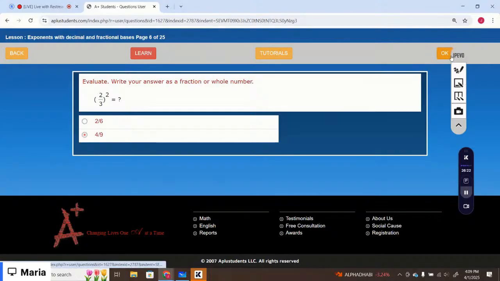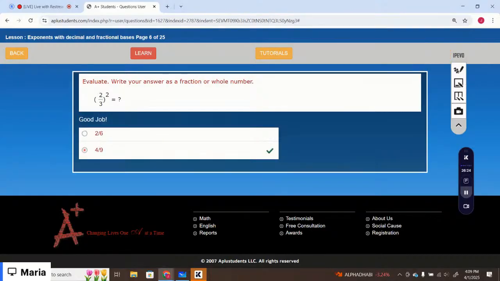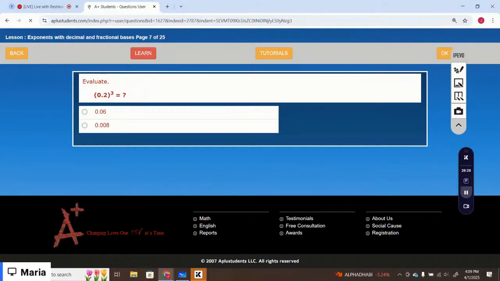Option number 2 is the correct option. 0.23, which is the correct option?